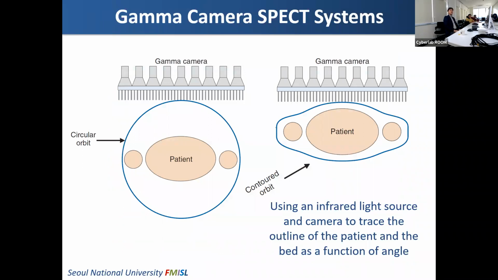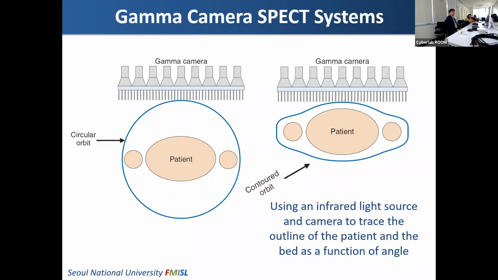There are two possible orbit schemes around the patient. One of them is the regular circular orbit with a fixed radius of rotation of the gamma camera. But we can also use a contoured orbit that is optimized for each individual patient.